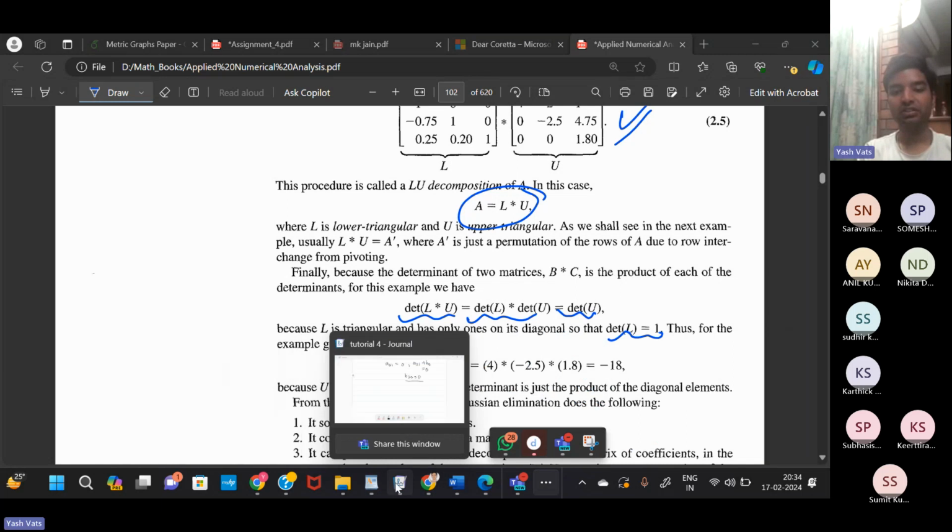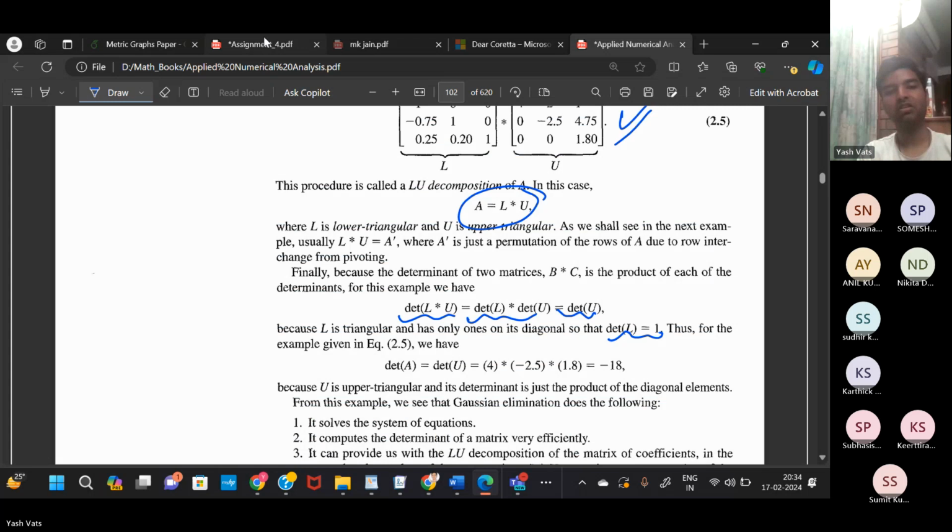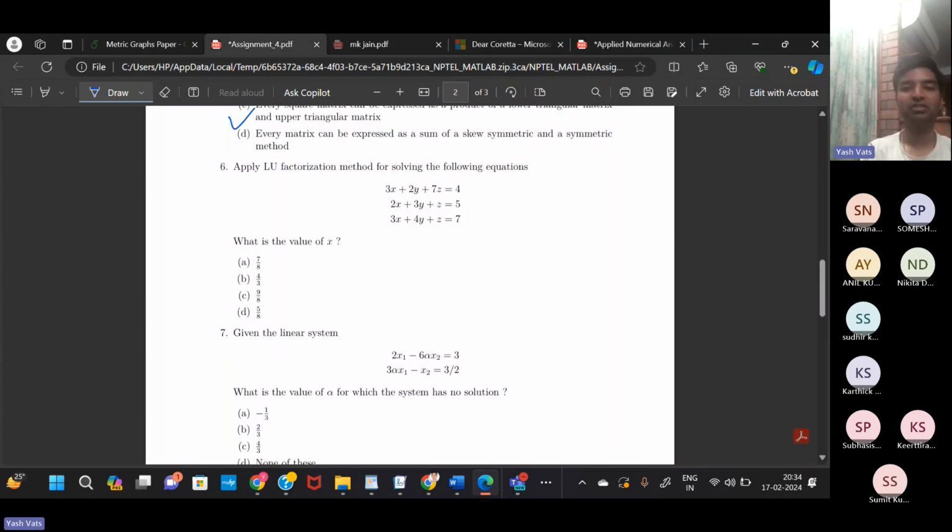Okay, so let's try this example. Apply the LU factorization method for solving the equations. Like this I have done. Can you do this for question number 6?